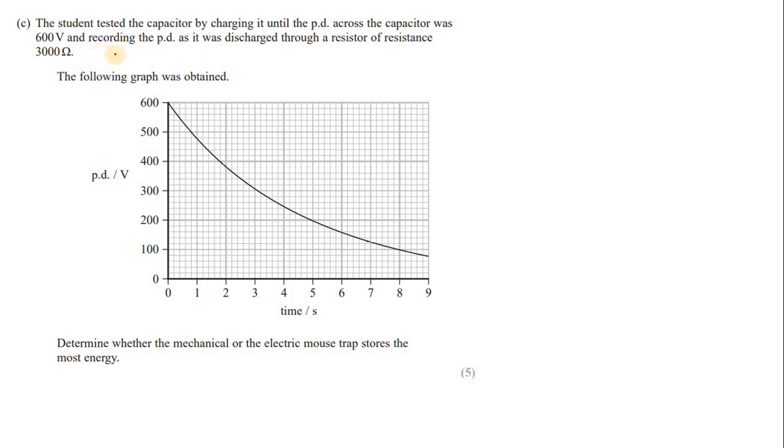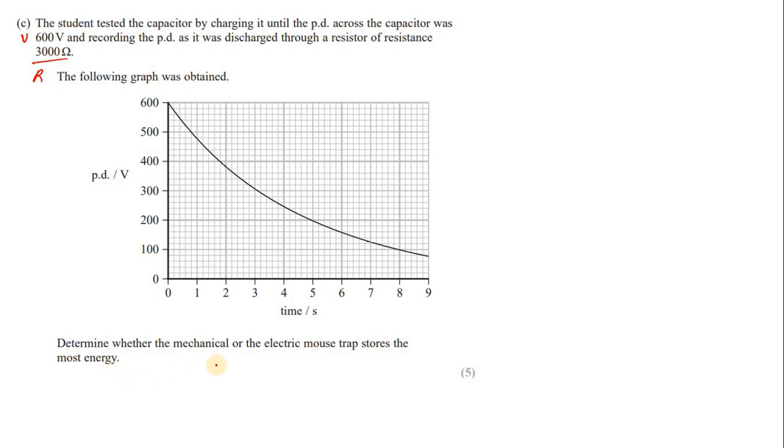The student tested the capacitor by charging it until the potential difference across the capacitor was 600 volt and recording the PD as it was discharged through a resistor. So this is V and this is R. The decay curve is given. Determine whether the mechanical or electrical mousetrap stores the most energy.